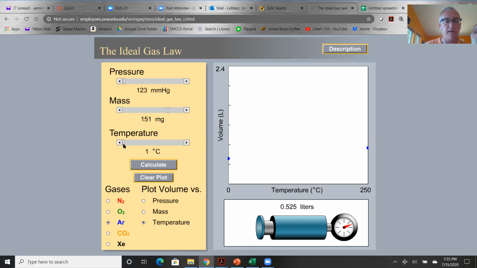Okay, go up a little bit more, 41. So at 41, I've got 0.602. Then at 95, I've got 0.705. At 136, I've got, oh, forgot to hit calculate. 0.784.